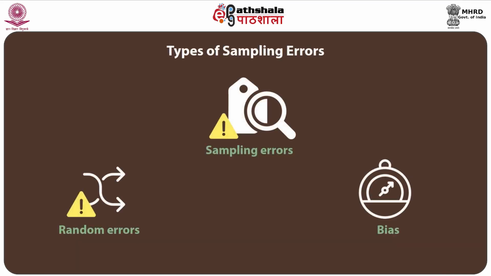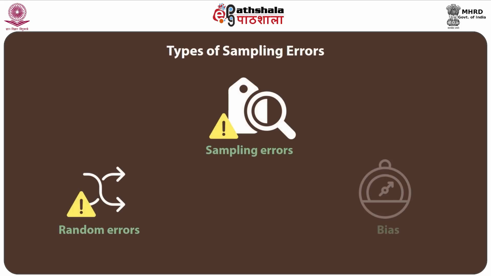What is a sampling error? A sampling error is an error that occurs when using samples to make inferences about the populations from which they are drawn. There are two kinds of sampling errors. It can be either random, which is known as random error, and sometimes it is a bias.